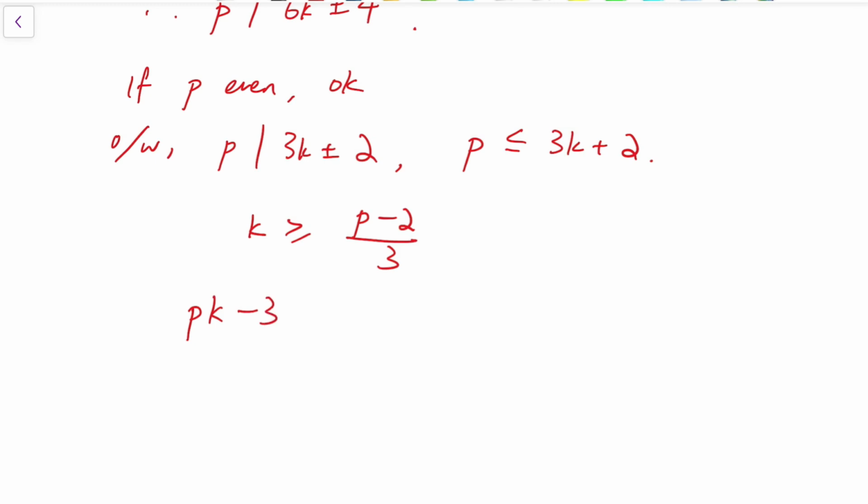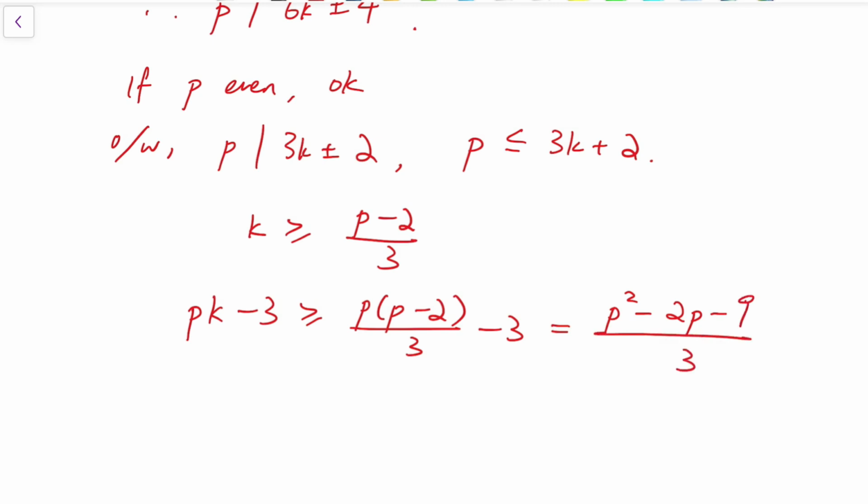and so that means p times k minus 3, which is one of the possible cases for x, would be at least p times ((p minus 2) divided by 3 minus 3), which equals (p squared minus 2p minus 9) all divided by 3.